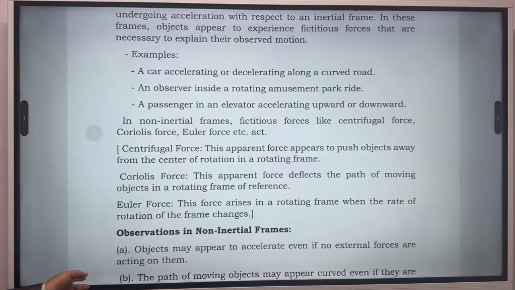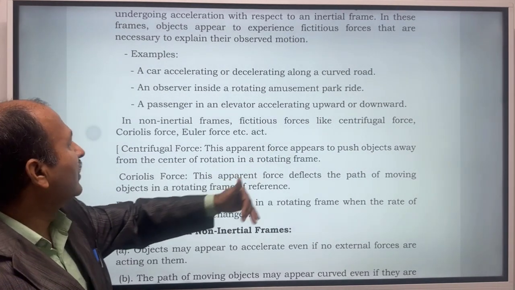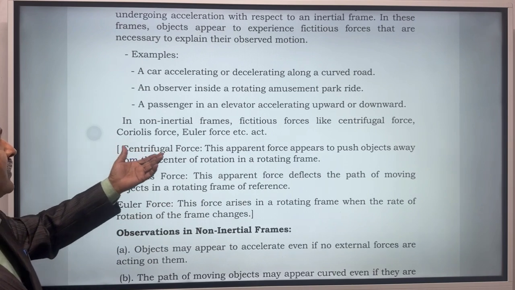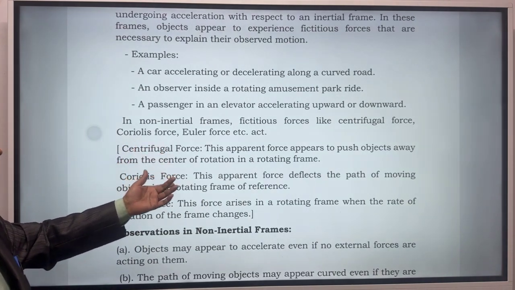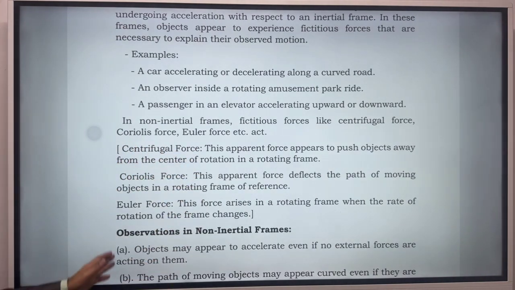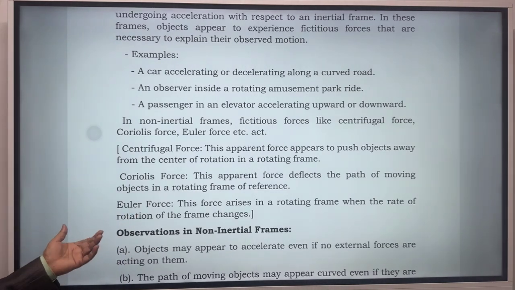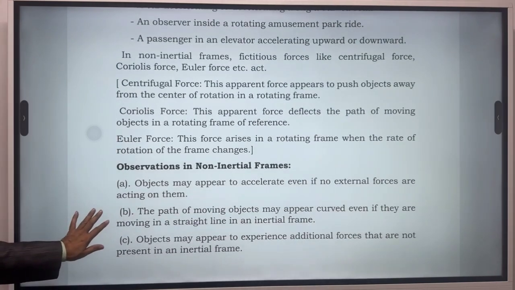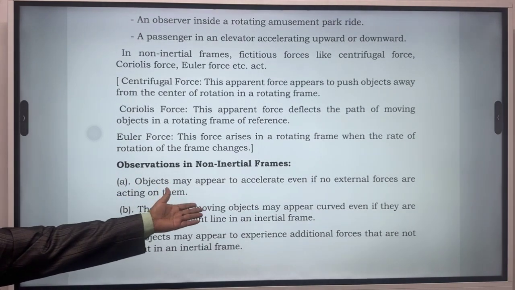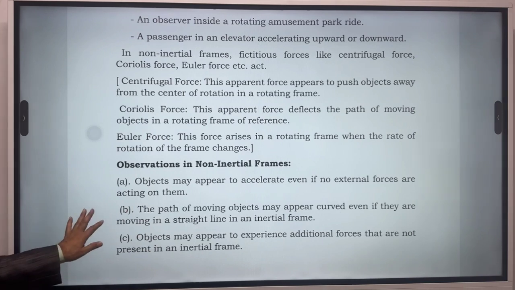So different types of forces, like fictitious forces such as centrifugal force, Coriolis force, Euler force can be there. So these forces will cause the inapplicability of Newton's law, and in case of non-inertial frames, objects may appear to accelerate even if no external forces are acting on them.